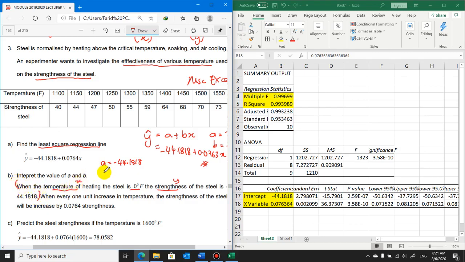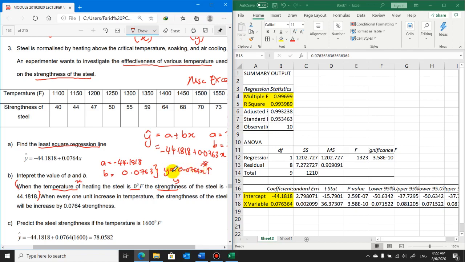Okay, so okay, this one interpret for A. Okay, next kita nak interpret for B. B is equals to 0.0763. So untuk yang B, you bayangkan Y dengan B saja, 0.0763x. So maksud dia, if X ni increase by 1 unit, X naik sebanyak 1 unit, Y increase or decrease? Y akan increase. Why? Because this one X punya ni adalah positif.